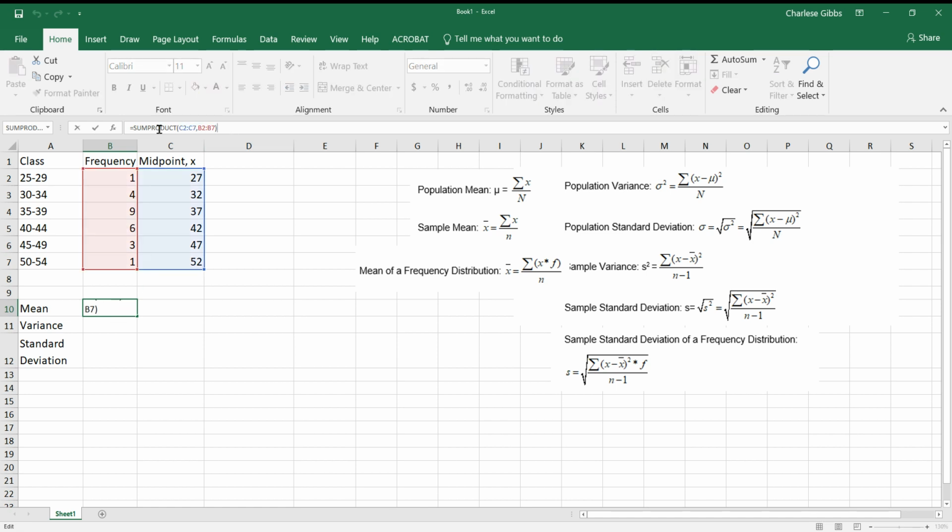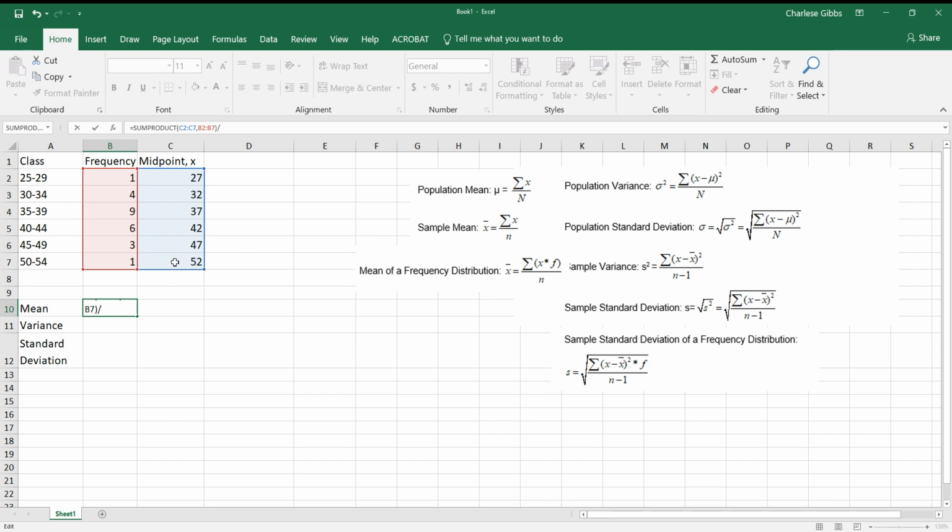And I want to go back into my actual cell, because I did not divide by my total number of data entries.